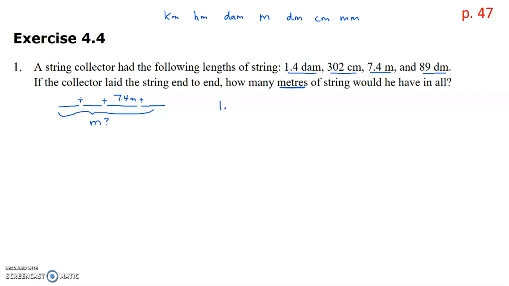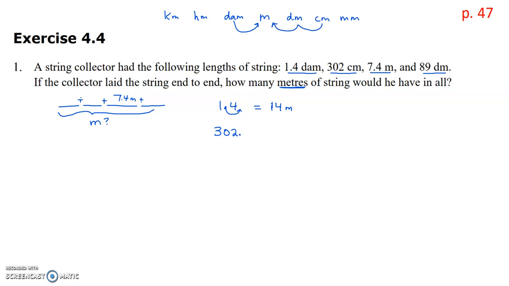So if we look at 1.4 decameters, if we're converting decameters to meters, that means we're going one place to the right. So the 1.4 decameters, one place to the right, is equal to 14 meters. For the 302 centimeters, we're going to be moving 2 places to the left.